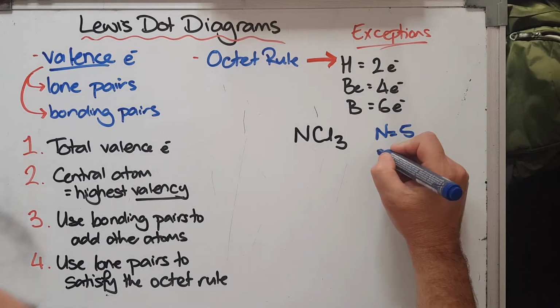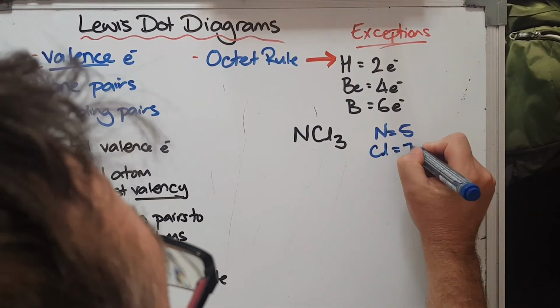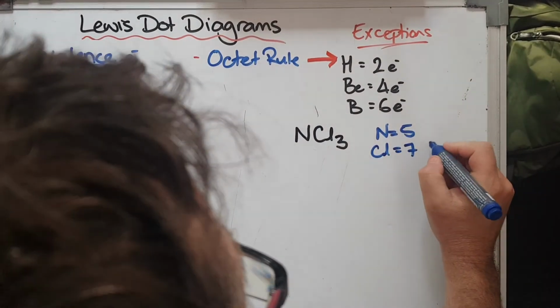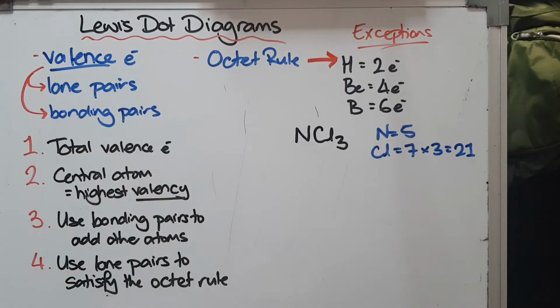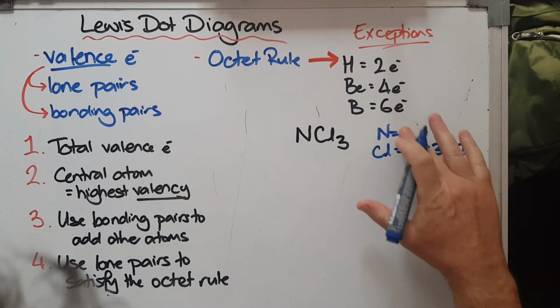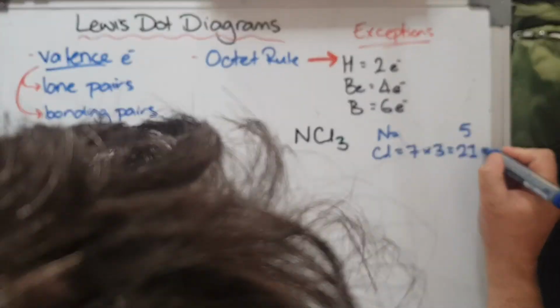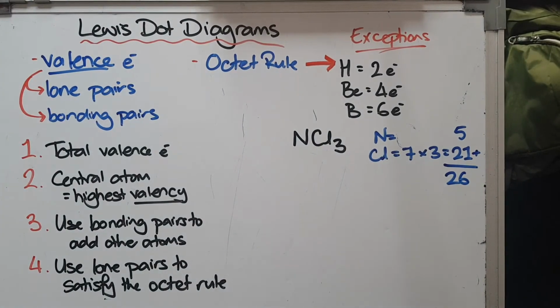Chlorine in group 17 has got 7, and because there are 3 of them, that's 21 electrons. So we're going to add up all of these: 5 plus 21. This Lewis dot diagram has to have 26 electrons when I'm finished.